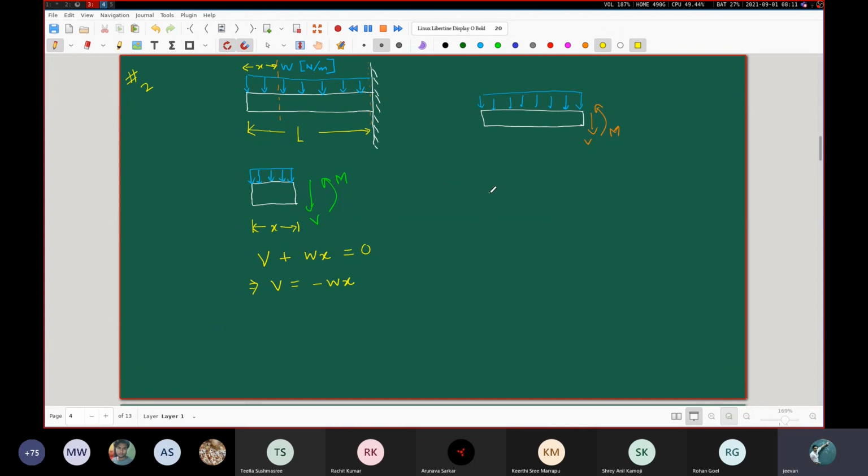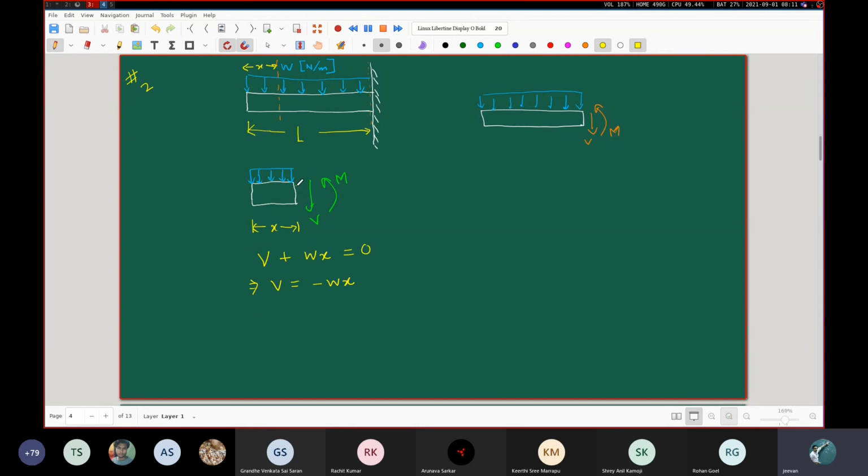So for the bending moment, you tell me quickly what I should do. In the previous example, we have already done a similar kind of thing. So we consider moment across the cut surface at that point. Right. So we considered the balance of moment about an axis which is passing through.